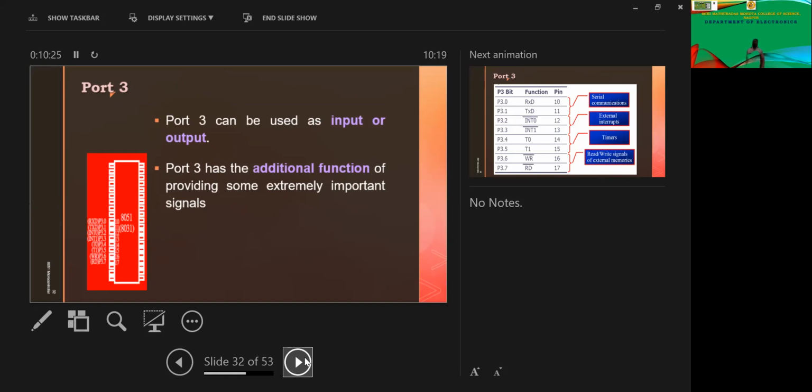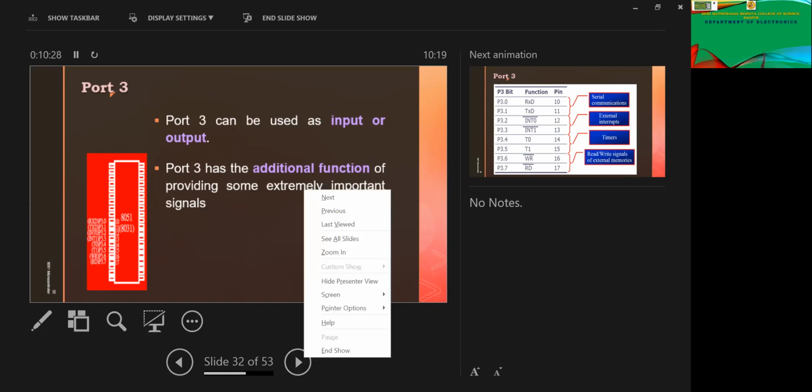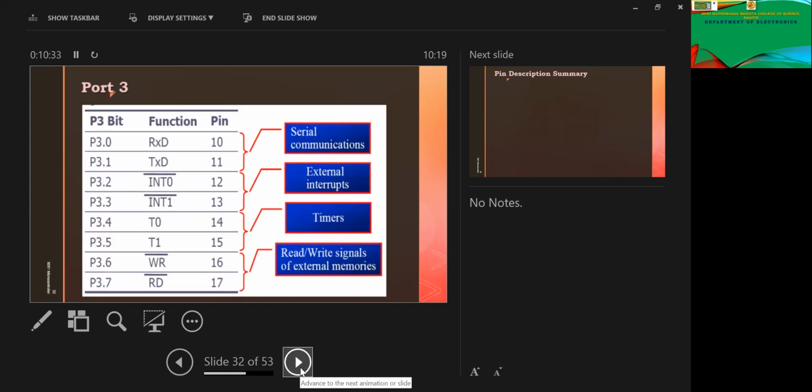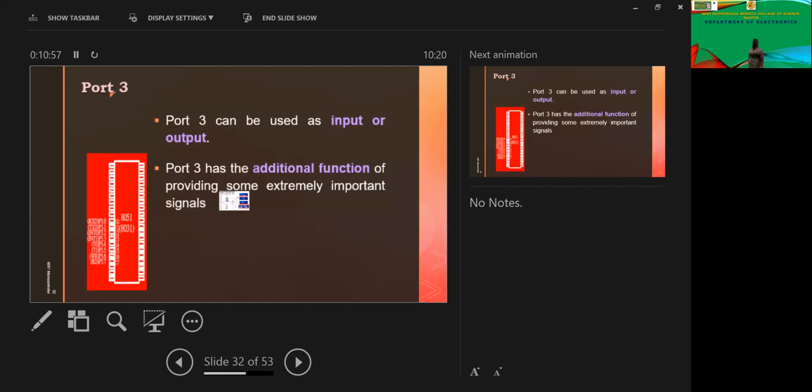These were the receiver and transmitter for serial communication: we use them to receive serial data and to send serial data, right? Then these are interrupts, external interrupt 0 and interrupt 1. Then these are timers T0 and T1, and read bar and write bar mean we have to read the data or write the data. So that is shown over there.